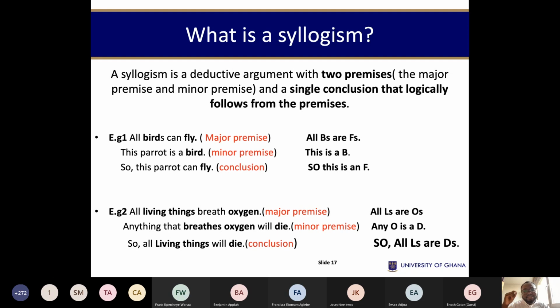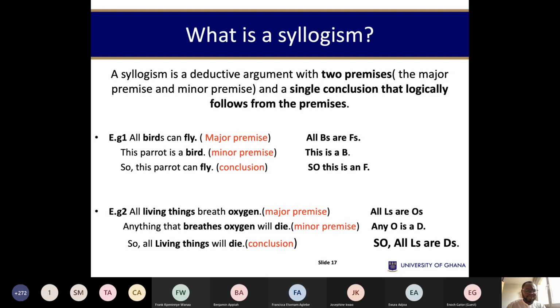You can have an argument with 2, 3, 4, 5, 6, as many premises as you want. But the conclusion must always be what? 1. So when we talk about a syllogism, we are talking about a deductive argument with 2 premises.